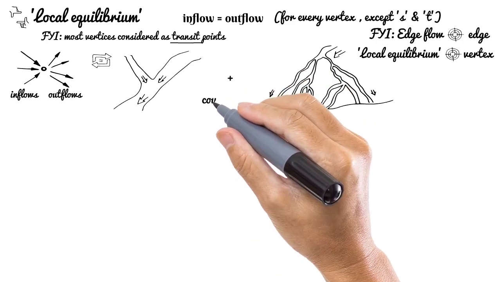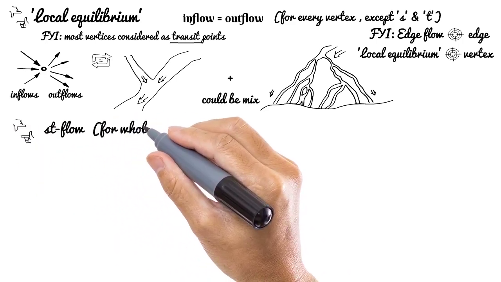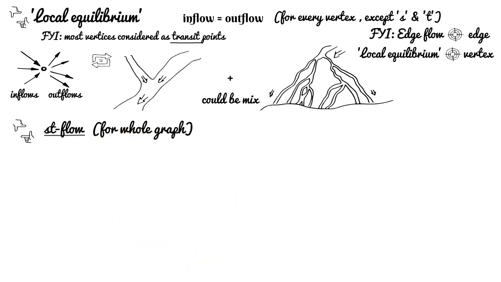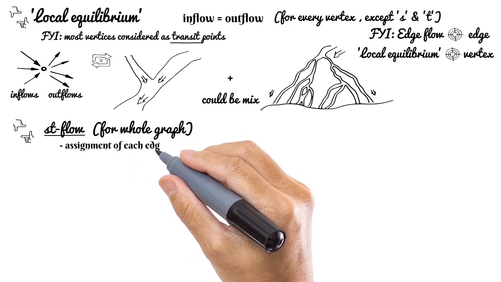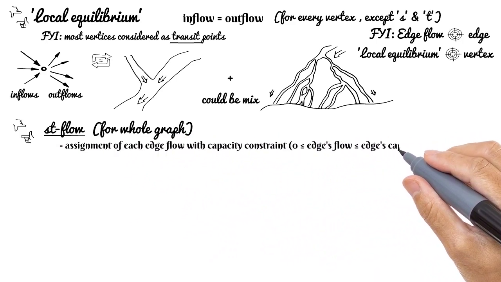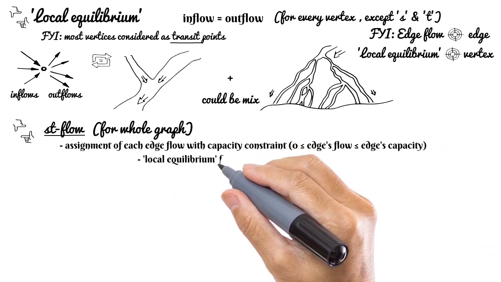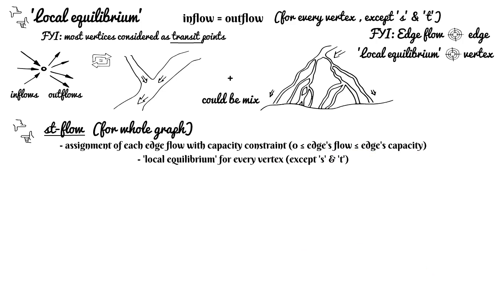And there might be a mix of both examples, when we have more than one inflow and more than one outflow at a certain vertex. From edge flow, we are ready to move to the ST flow term, relevant to the whole graph. ST flow includes assignment of each edge flow with capacity constraint between 0 and the edge's capacity, and local equilibrium for every vertex except S and T, meaning inflow equals outflow.